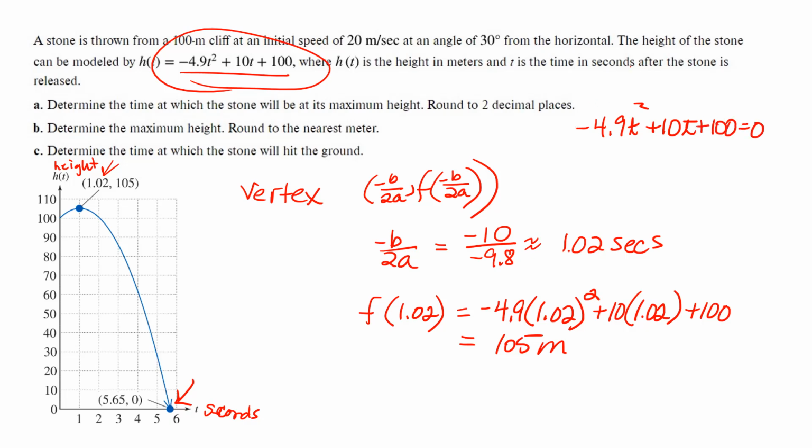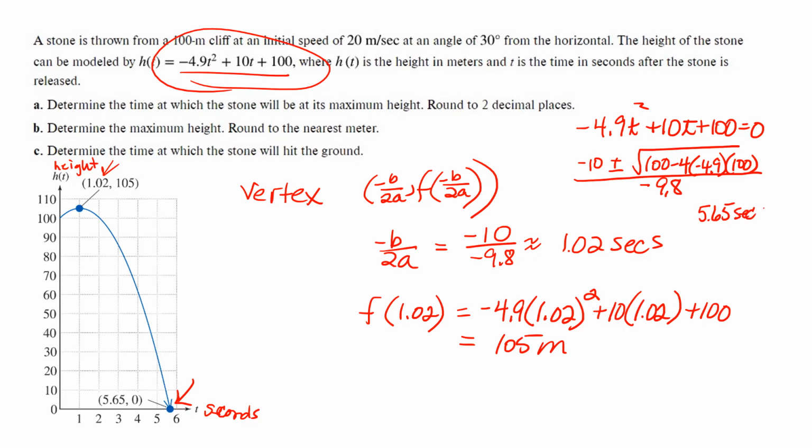And so that would be negative b plus or minus the square root of b squared minus 4ac all over 2a. And if you did the work there and figured that all out, you would get about 5.65 seconds.